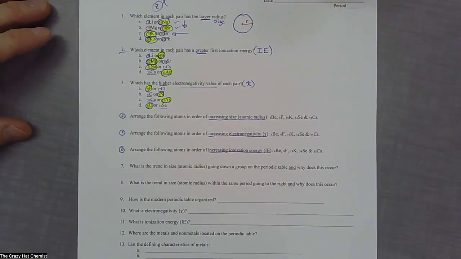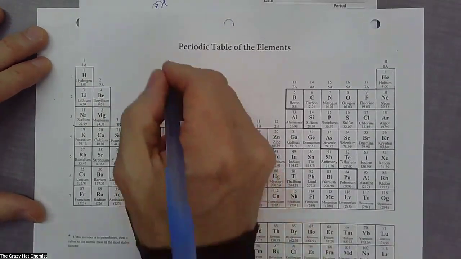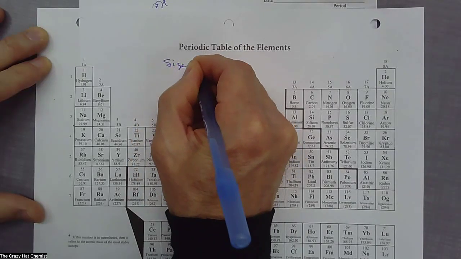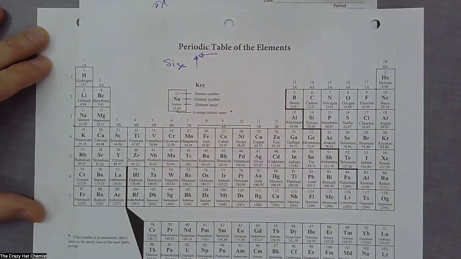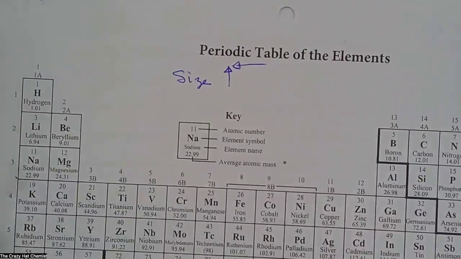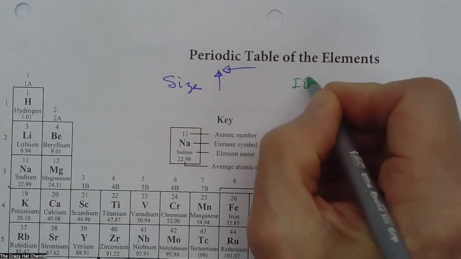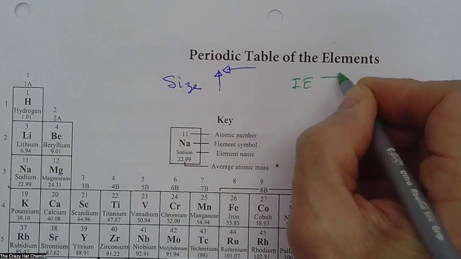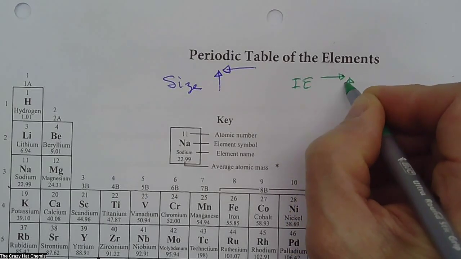So if I may put all 3 of these on the same periodic table, let's try to do that. Size is increasing as you go up and increasing as you go to the left. Ionization energy is increasing as you go to the right and increasing as you go up.